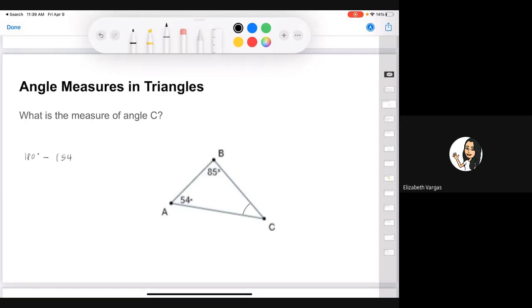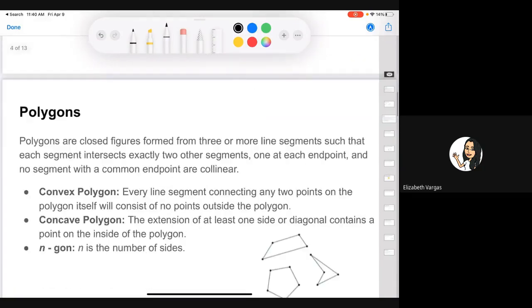So we have 54 and 85. 54 plus 85 is 139, and so 180 minus 139 is 41. So the missing angle, angle C, is equal to 41 degrees. So that's what we know about the interior angles of a triangle. Because we know all the interior angles equal 180, we can solve that way.